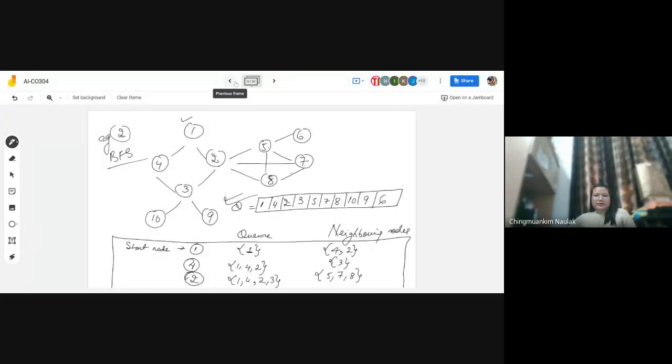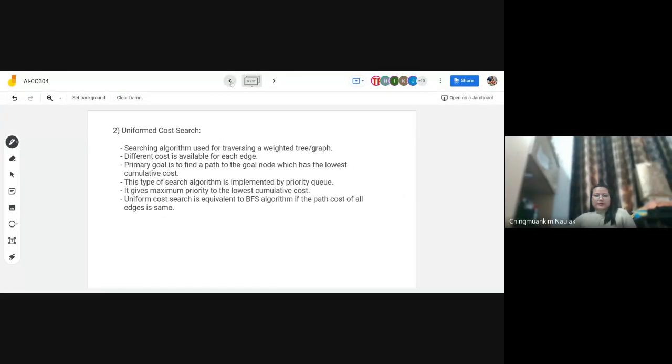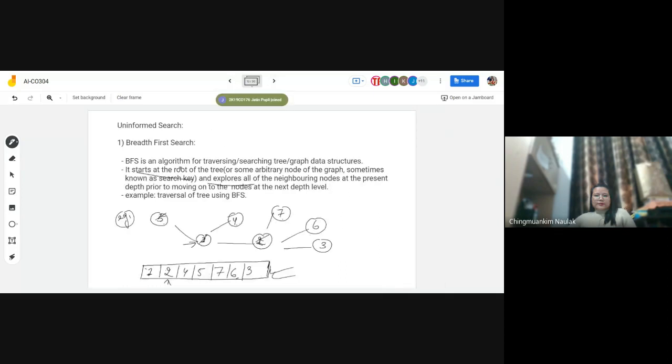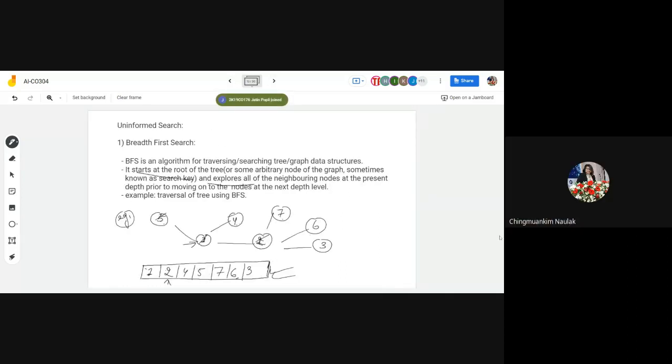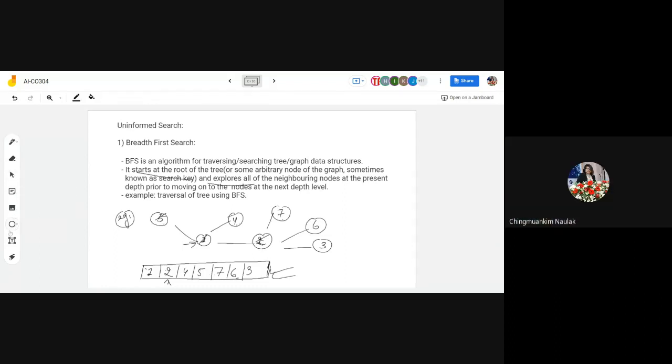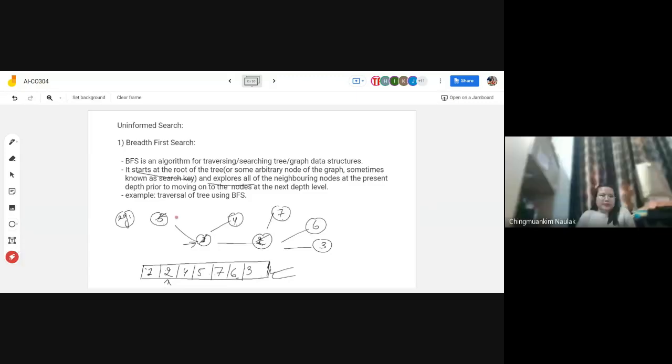So, first example was this. You have the nodes 1, 5, 4, 2, 3, 6, and 7. Let's say 1 is the root node.